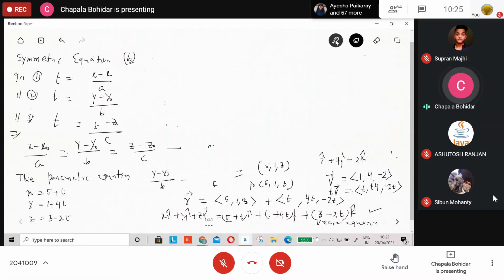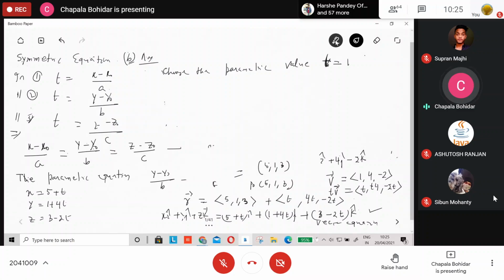Find other two points on the line. Answer: choose the parameter value t equal to 1. Usually we consider 1, 0, minus 1.